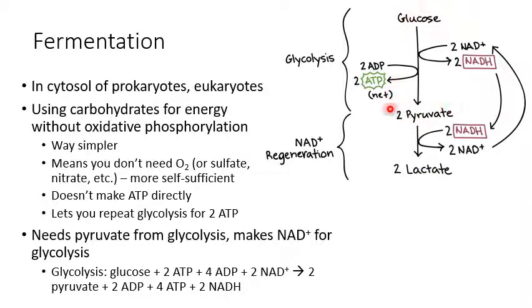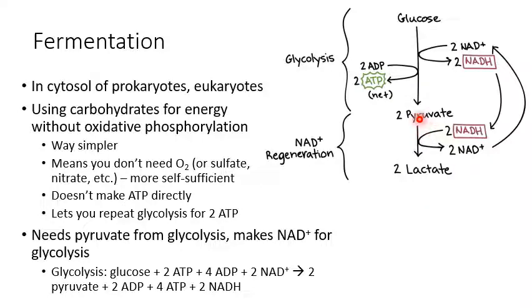The first part of the diagram is basically just glycolysis, in which you're starting with glucose and converting it to 2 pyruvates. In the process, you make a total of 2 ATP and 2 NADHs. The pyruvate and the NADH are moving on to fermentation. This particular diagram is showing lactate fermentation, which is the type of fermentation that your own cells are able to do.